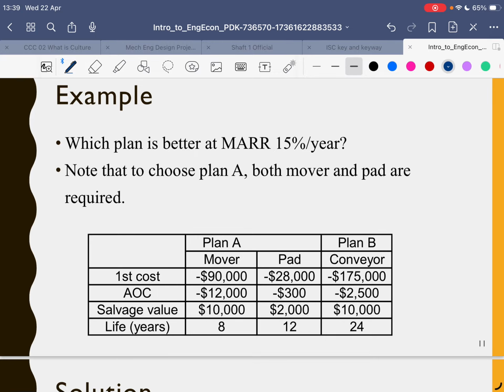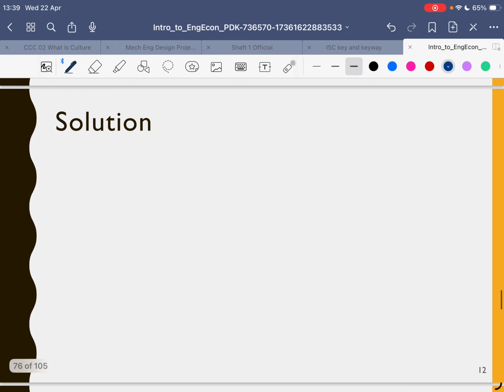So, if you use the annual worth analysis, let's use the annual worth analysis for plan A. The picture is something like this.